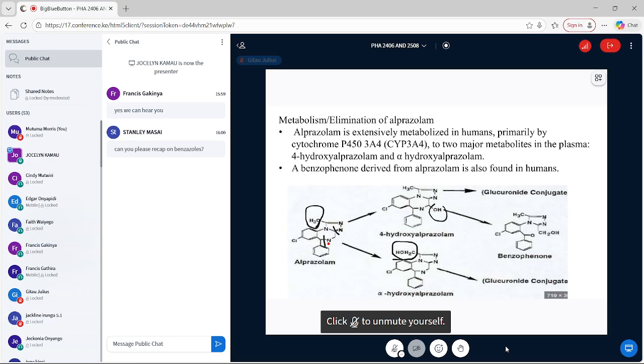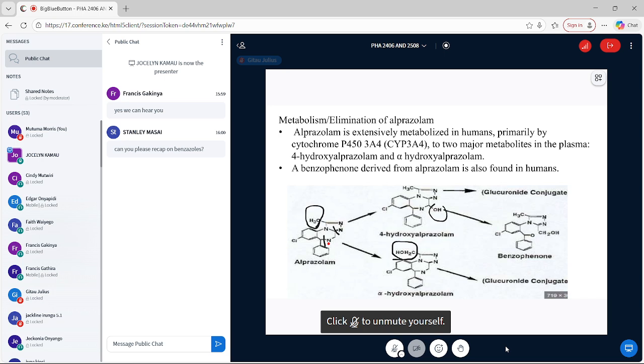But the benzophenone, as I have said, is not only for alprazolam. It can happen also for other benzodiazepines, because of the imine group, many of them do form the benzophenone. The only advantage of this benzophenone is that these molecules can recombine to give us the original compounds.